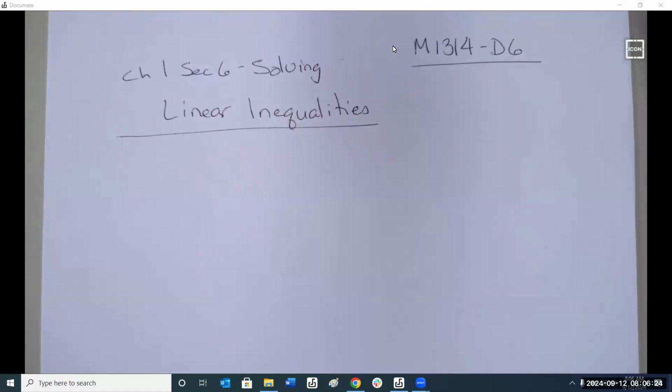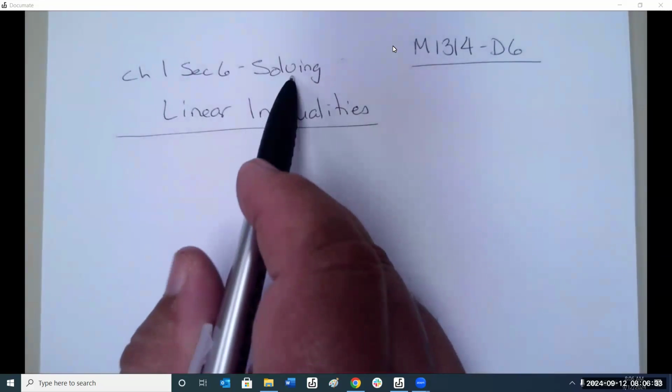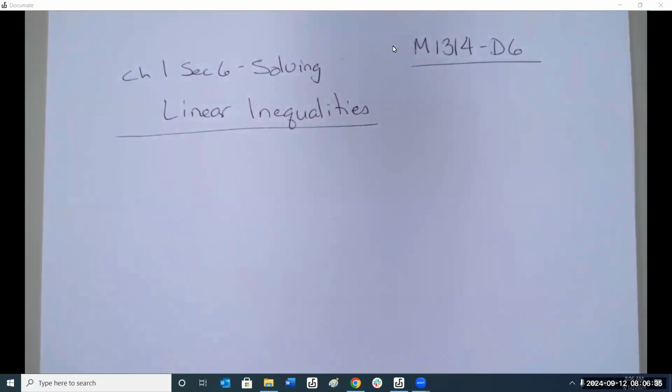We've been dealing with linear equations all along, straight lines, how to find them, how to graph them. But now comes the inequalities, if they're not equal.